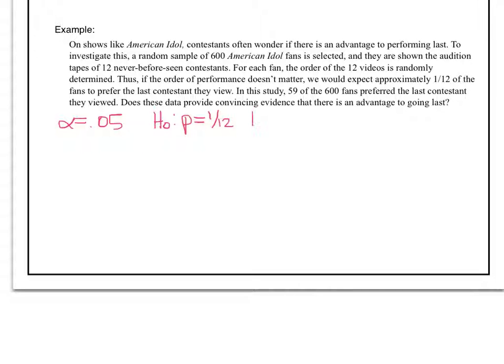And my alternative is, if I assume there is an advantage, my proportion is going to be greater than 1/12. And I need to say that p is the true proportion of fans who vote for the last contestant.